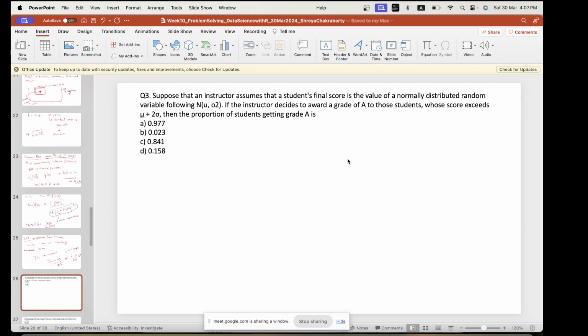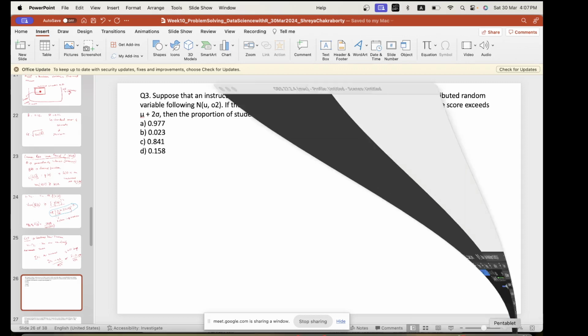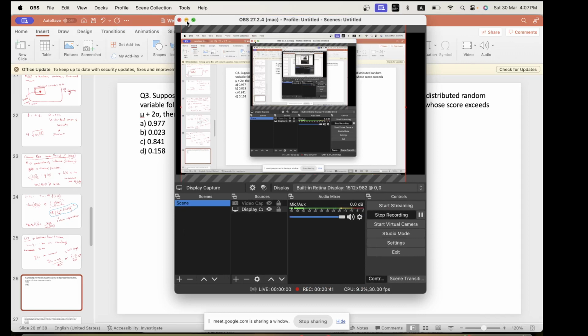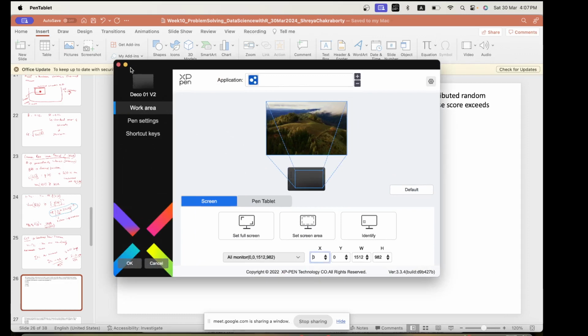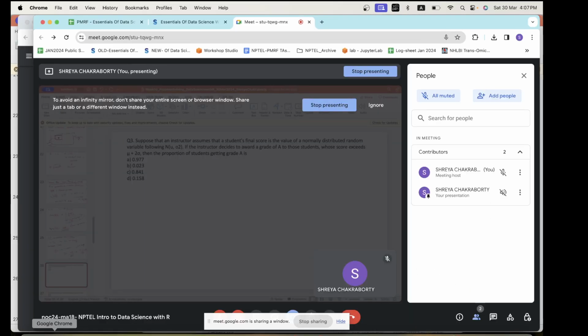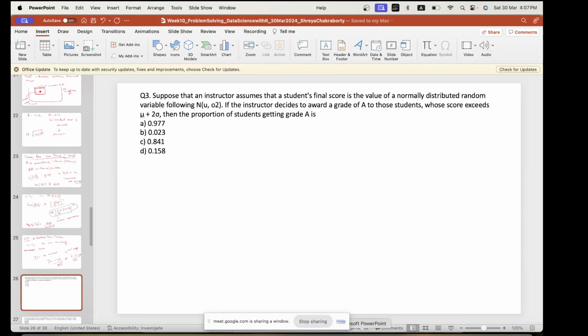The question is, suppose that an instructor assumes that a student's final score is the value of a normally distributed random variable following normal(μ, σ²). This will be μ and σ², pardon me.